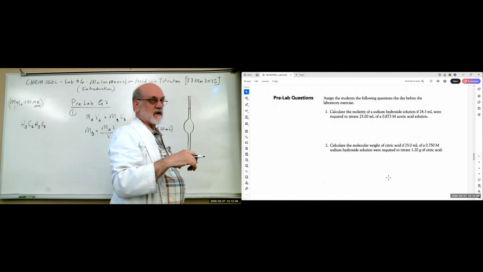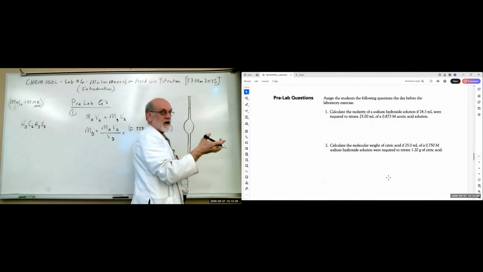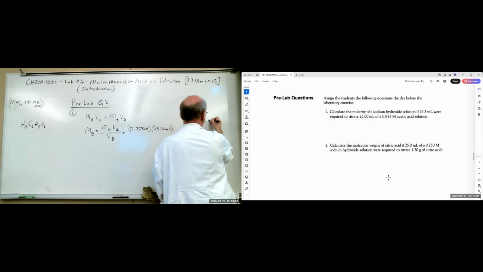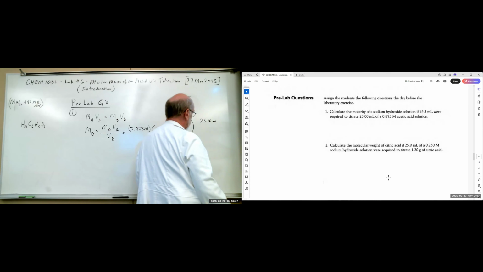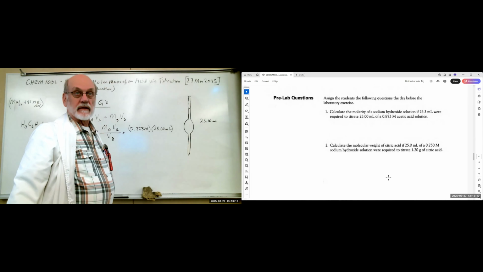That tells you when you fill this up to that mark, you have the volume indicated. In our case, it's 25 milliliters, and this would be accurate to within a couple of tenths of a milliliter.